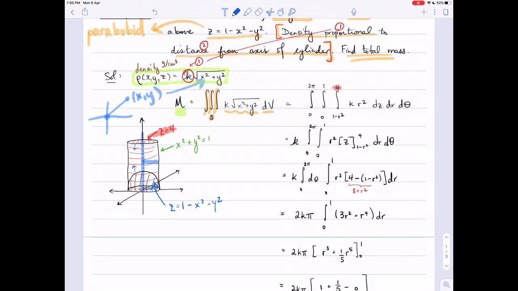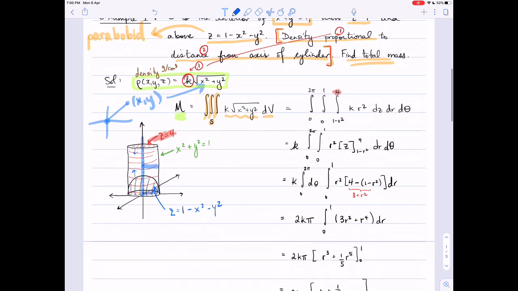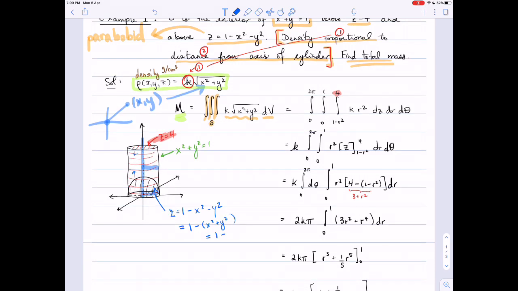But the bottom one, the z here, has to be converted from rectangular coordinates into polar. So 1 minus x squared minus y squared, so 1 minus r squared is our lower bound.